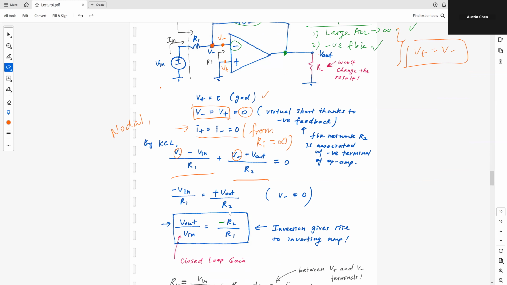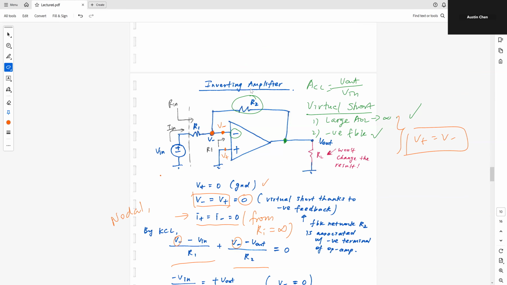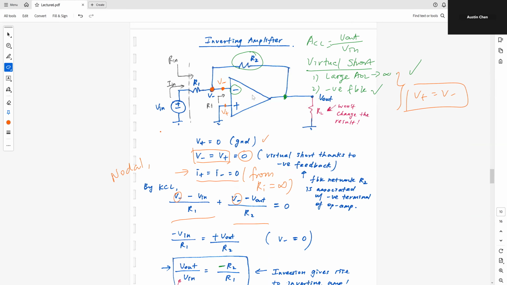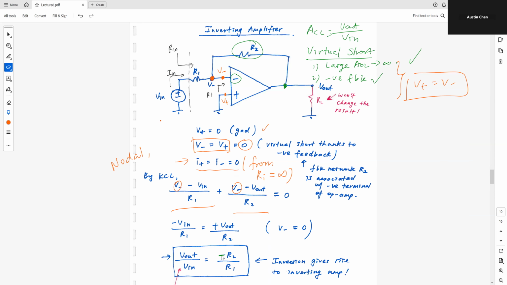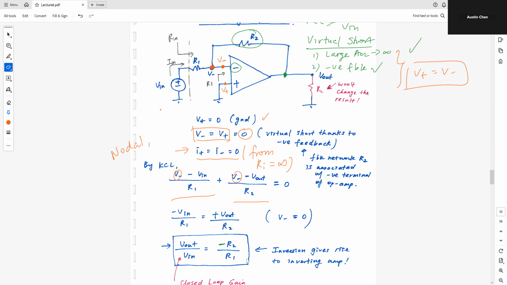Earlier I said we have an inverting amplifier configuration, and this gives rise to this negative sign. The inversion gives rise to the inverting amplifier, so that's important to keep note of. If you look at this equation, my closed loop gain ACL is set by the ratio between R2 and R1.